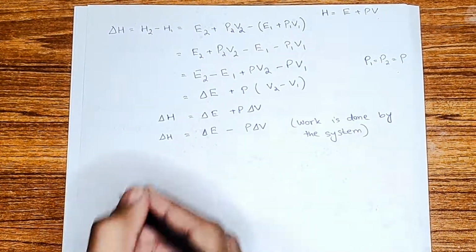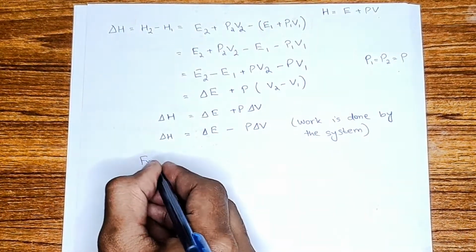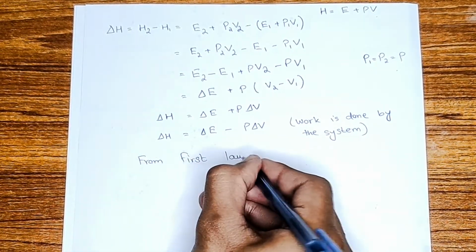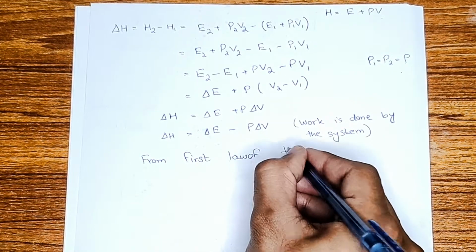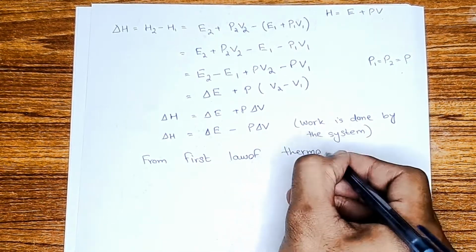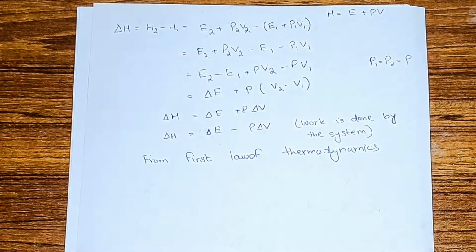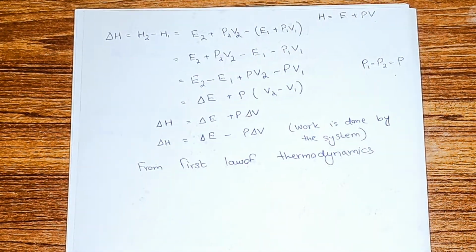So now, from the first law of thermodynamics, you know that delta E is equal to Q plus work done.